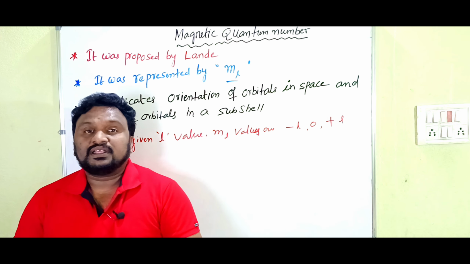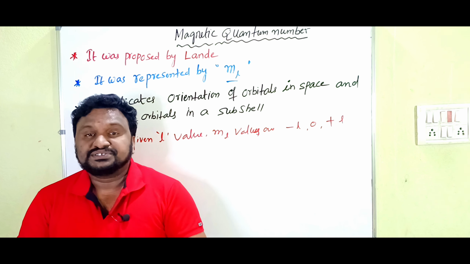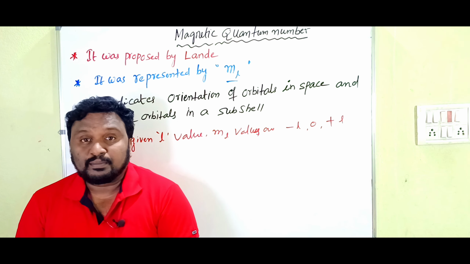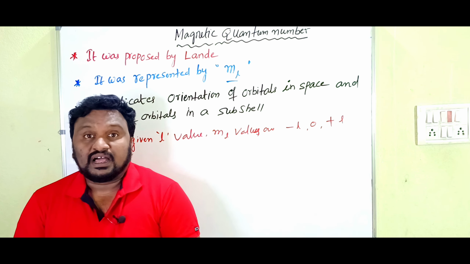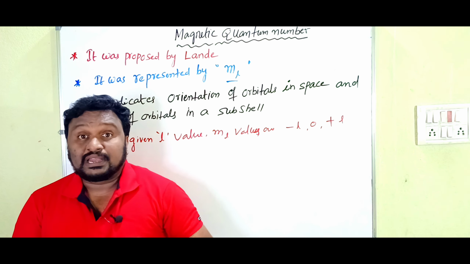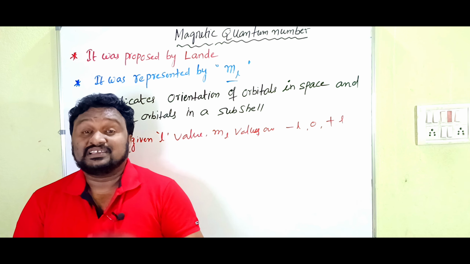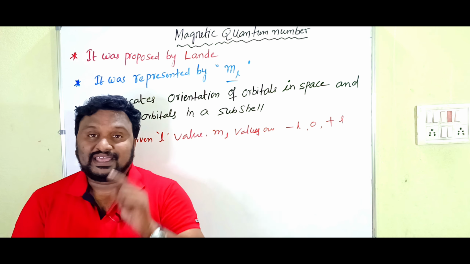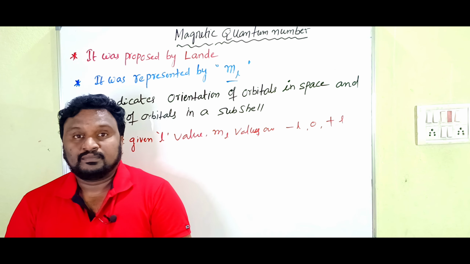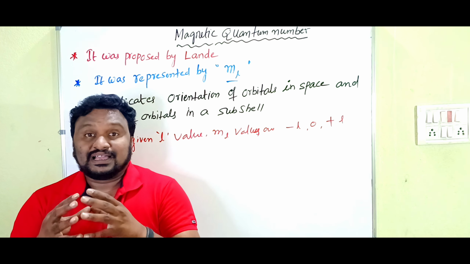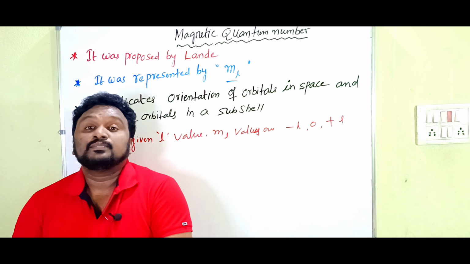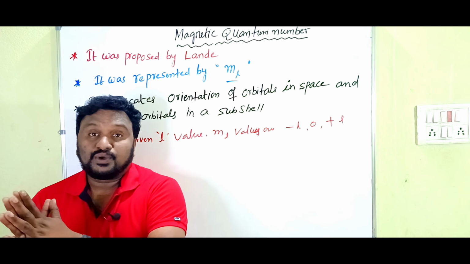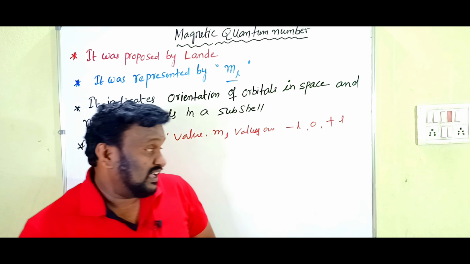That is simply what the magnetic quantum number is about. It was introduced by Landé, and it is represented by the letter m suffix l, m_l. Got it children? m_l. Its values range from minus l, 0, to plus l.